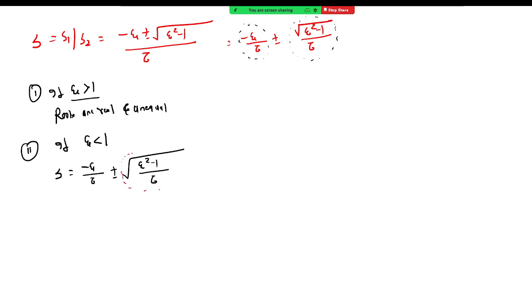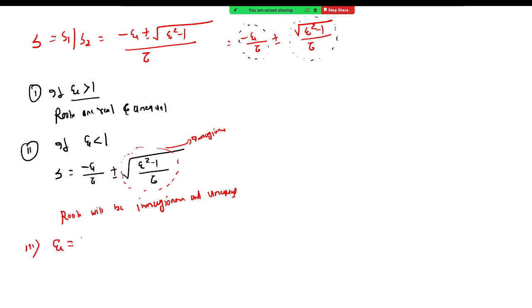So this part becomes imaginary. So here the roots will be imaginary and unequal, right?